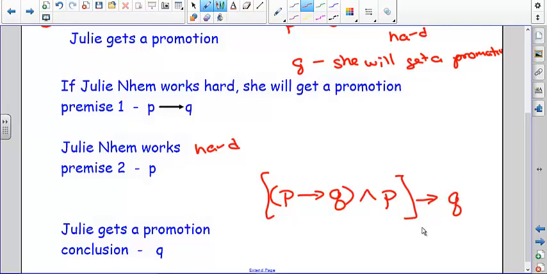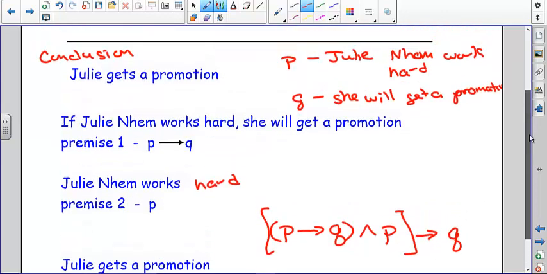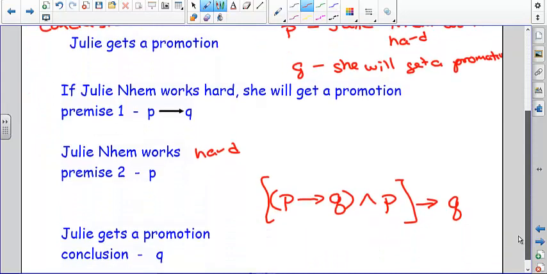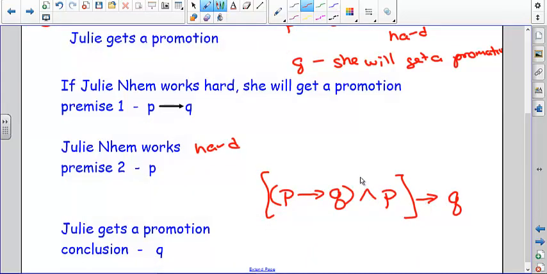Again, even though we may not say it, if I tried to make this if, you'd use if twice. If Julie Nem works hard and she will get a promotion, and Julie Nem works hard, then Julie gets a promotion. So it's not always written out exactly like an if-then statement, but we always use the truth table rules for the if-then statement when we're connecting the premise with the conclusions.